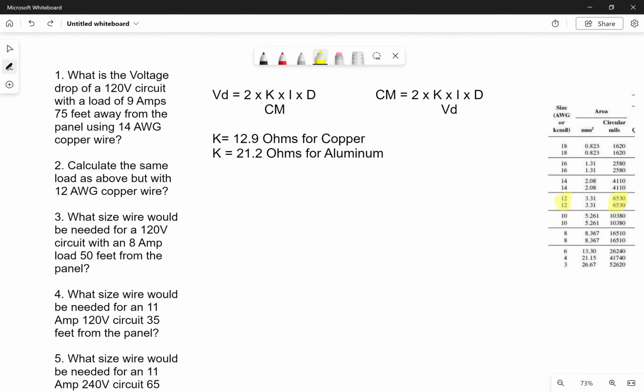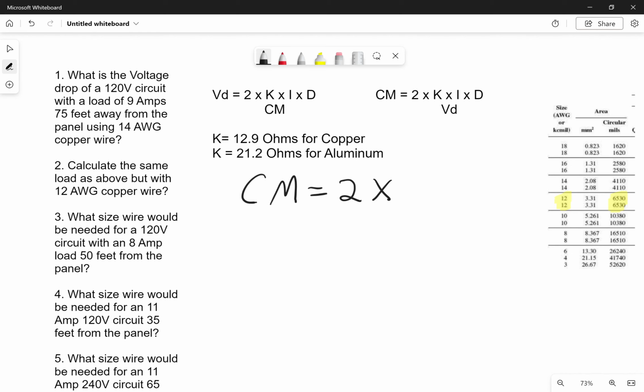All right, so in that vein, let's look at the next question, which asks us what size wire would be needed for a 120 volt circuit with an 8 amp load 50 feet from the panel. All right, well, it's asking what size wire, so we're going to use this formula. And circular mills equals 2 times K. All right, this doesn't tell us if it's copper or aluminum, so how do we know which one to choose?